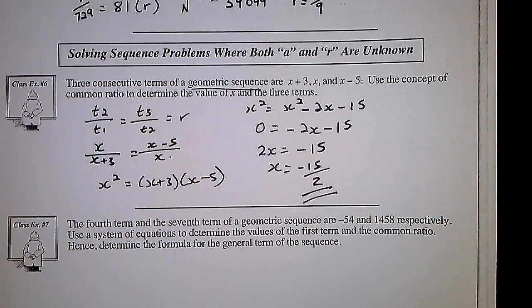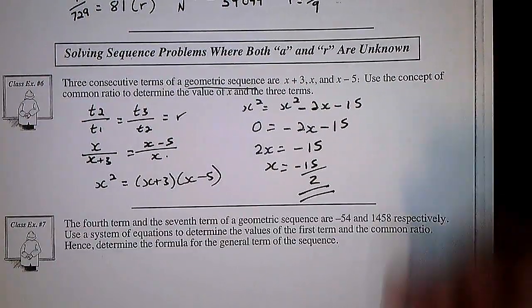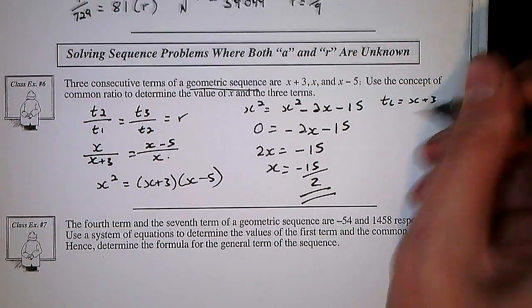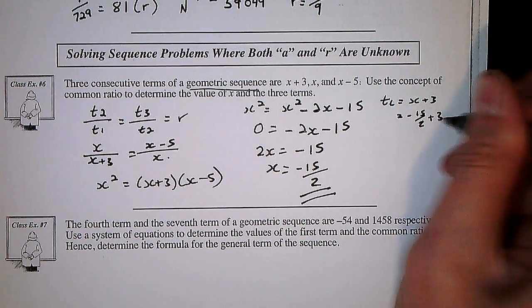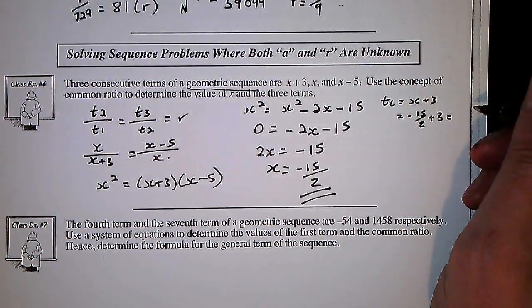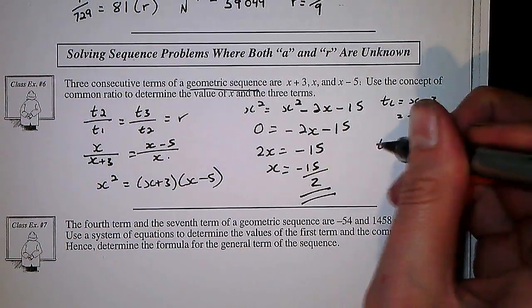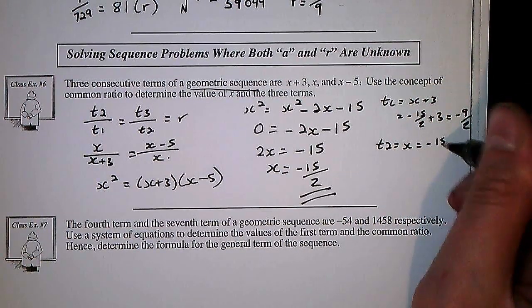So I haven't actually found the 3 terms yet, but now that I know x, I should be able to solve for what the 3 terms are. So term 1 is x plus 3, so that's negative 15 halves plus 3, which is equal to negative 9 halves. T2 is equal to x, which is negative 15 halves.